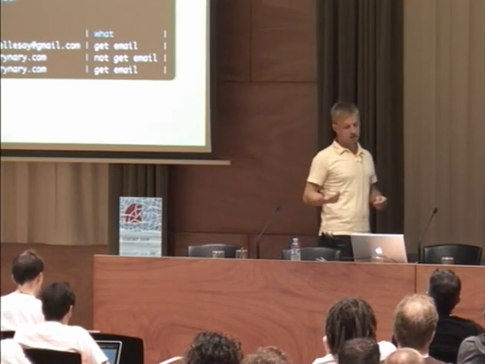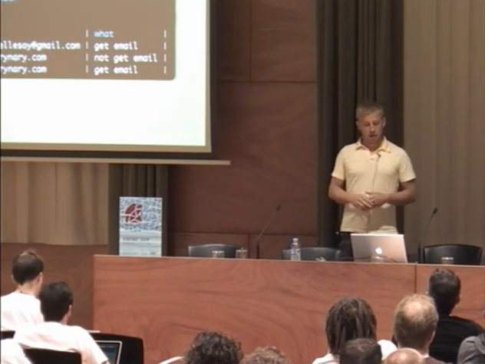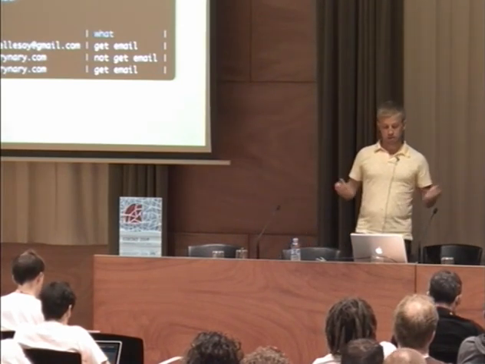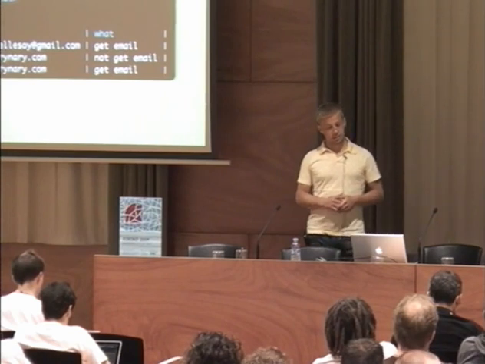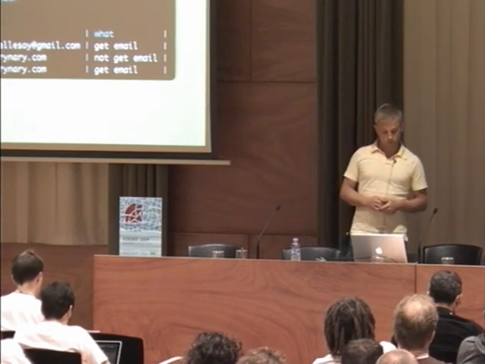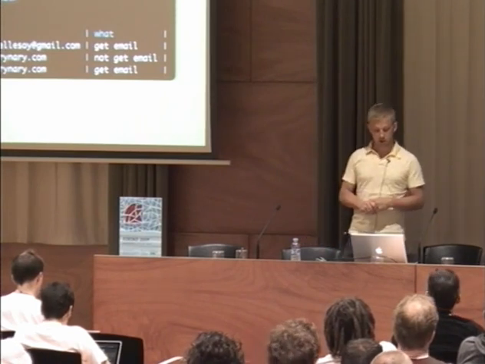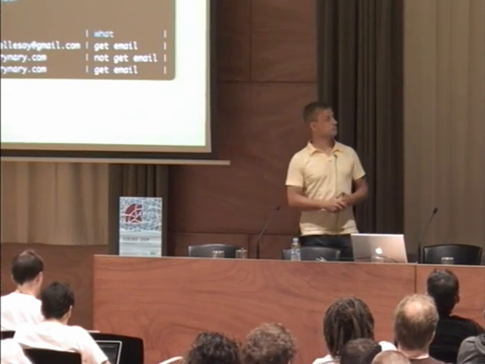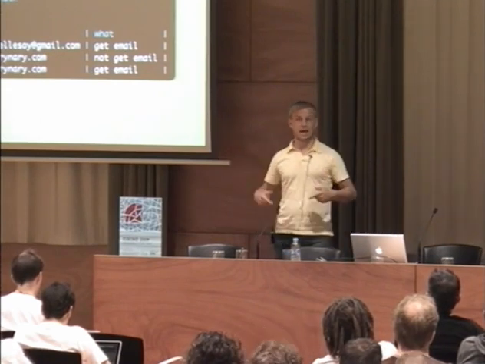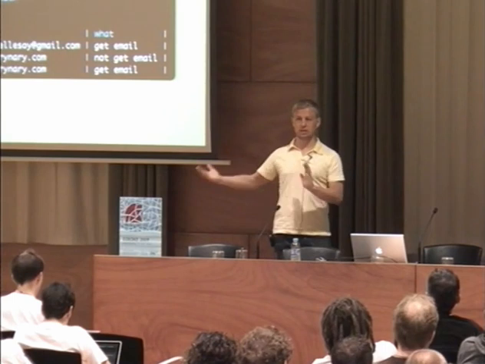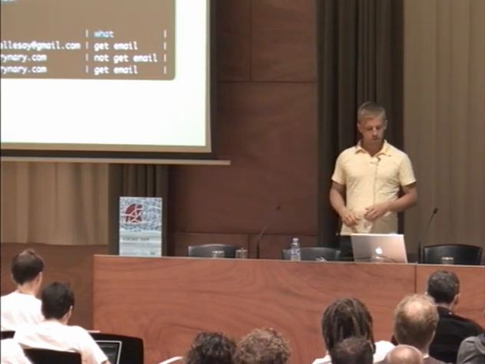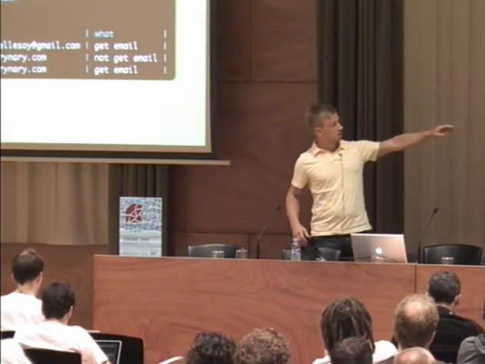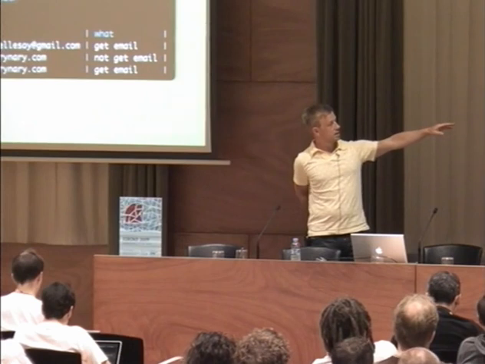So the first time it'll say, and the Cucumber proposal is approved, when I send emails, then Aslak Hellesøy at gmail.com should get email. So we'll do that replacement, and then Cucumber will look up a matching step. And this is interesting.